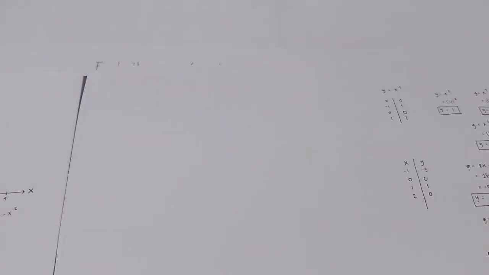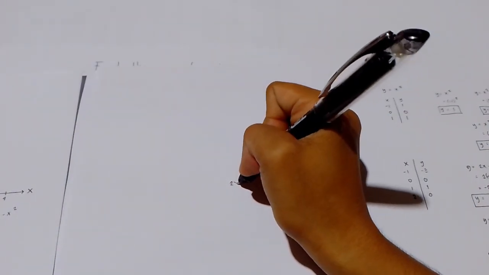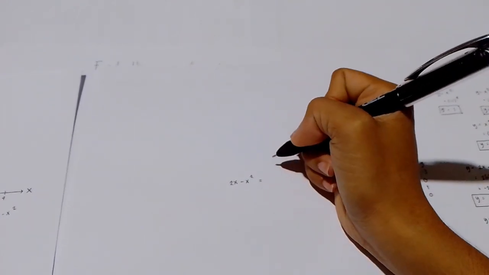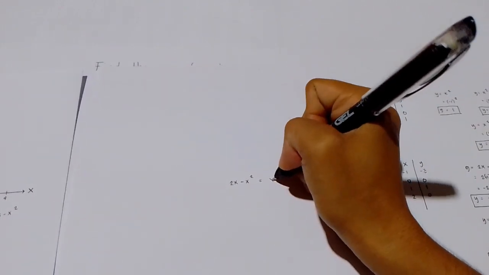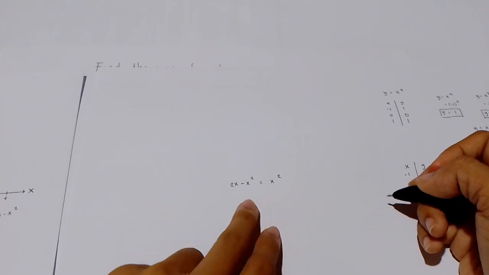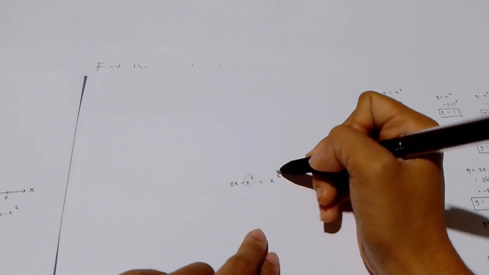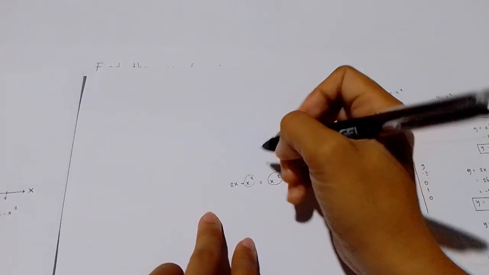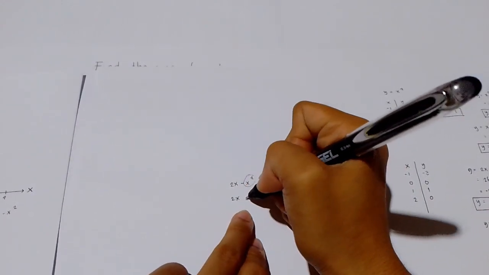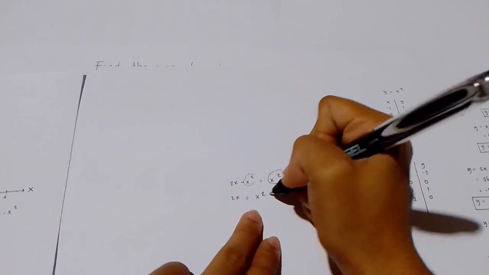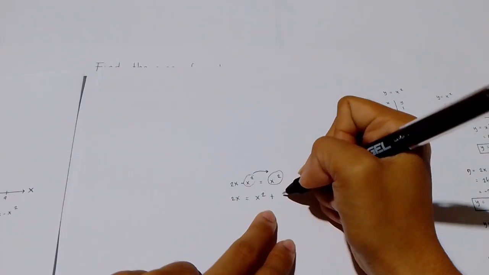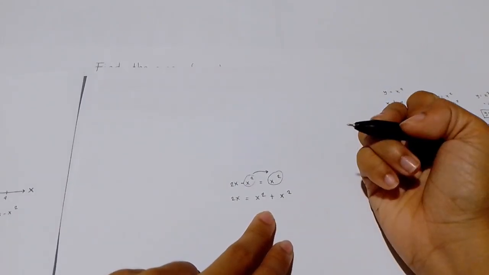So we have here 2x minus x squared is equal to x squared. Combine like terms, so transpose. 2x is equal to x squared plus, I'm going to transpose this, x squared.